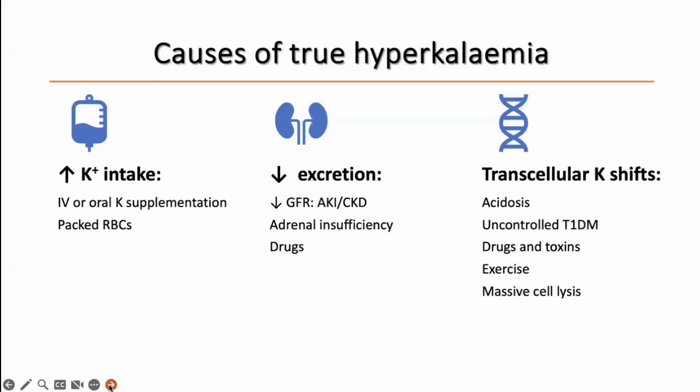A very common one we know is SUX, as well as propofol. And then very strenuous or prolonged exercise can also result in a transcellular shift and massive cell lysis. So any process that really leads to a cellular injury or death, rhabdomyolysis, like in a crush injury, or anything that causes massive hemolysis. Okay, so the next slide.